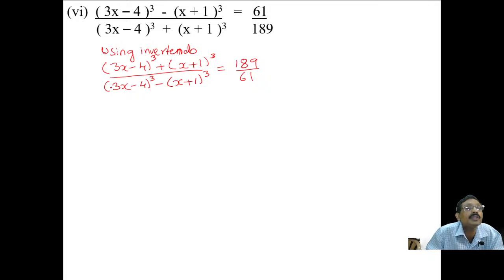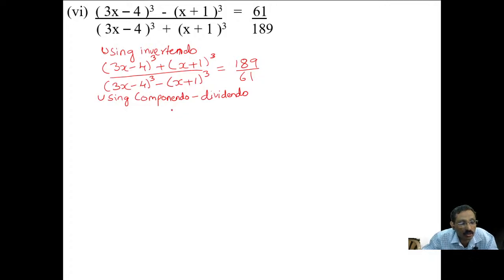So when we are using componendo and dividendo, let us see what care has to be taken over here.